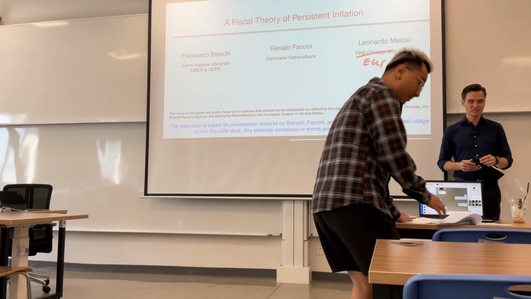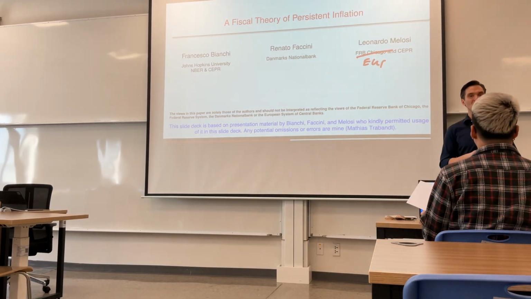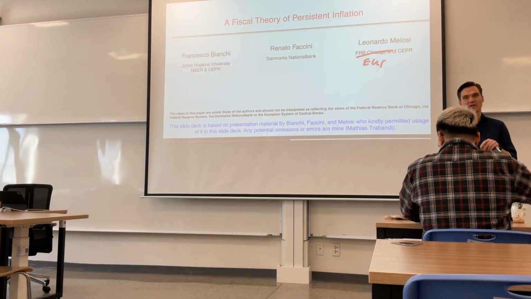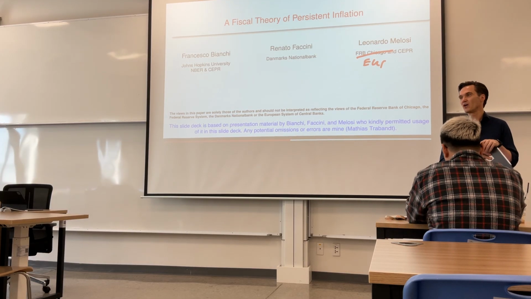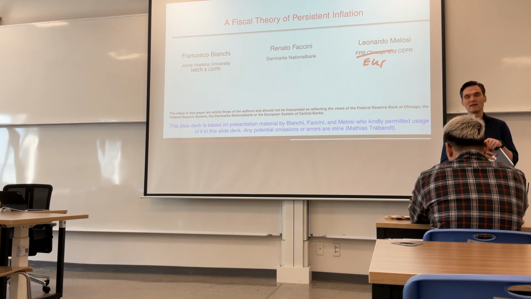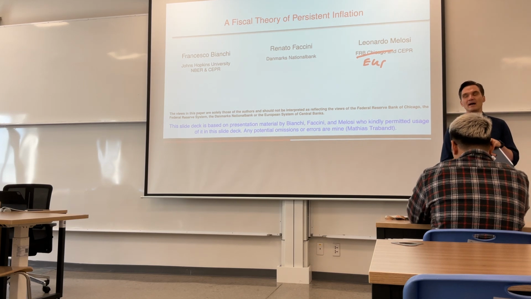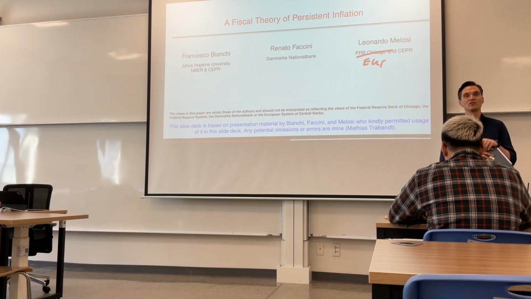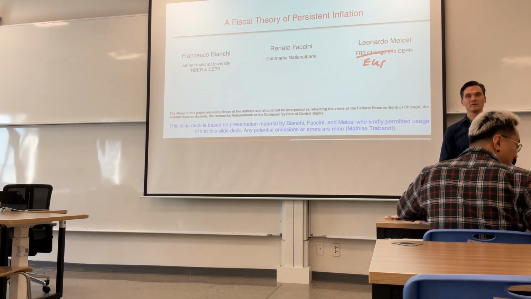And it differs from the type of theory that we've been considering so far in terms of what determines inflation, right? So far in this course, we had the idea that inflation is determined by marginal cost and by the interaction between the economy and the central bank, and that the central bank can control the level of inflation by the appropriate monetary policy.